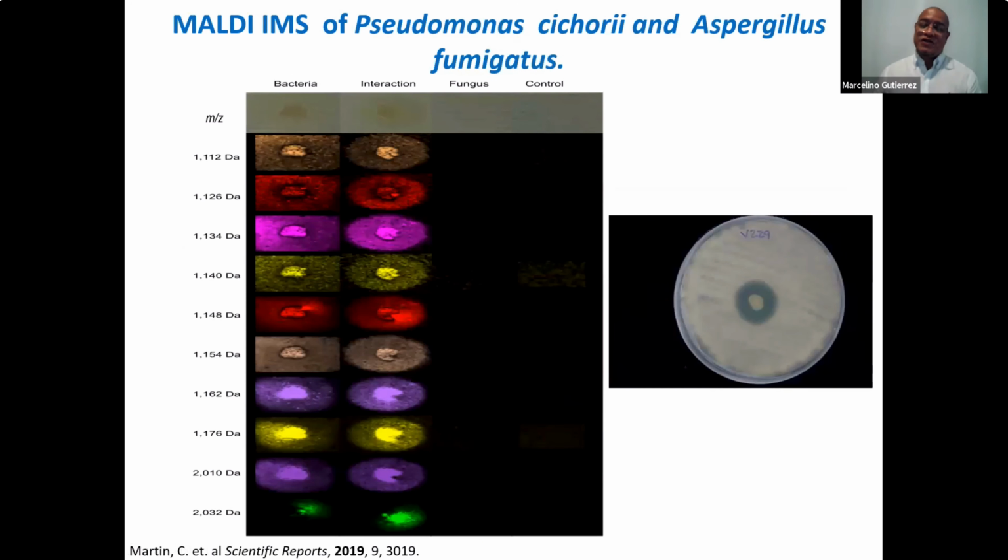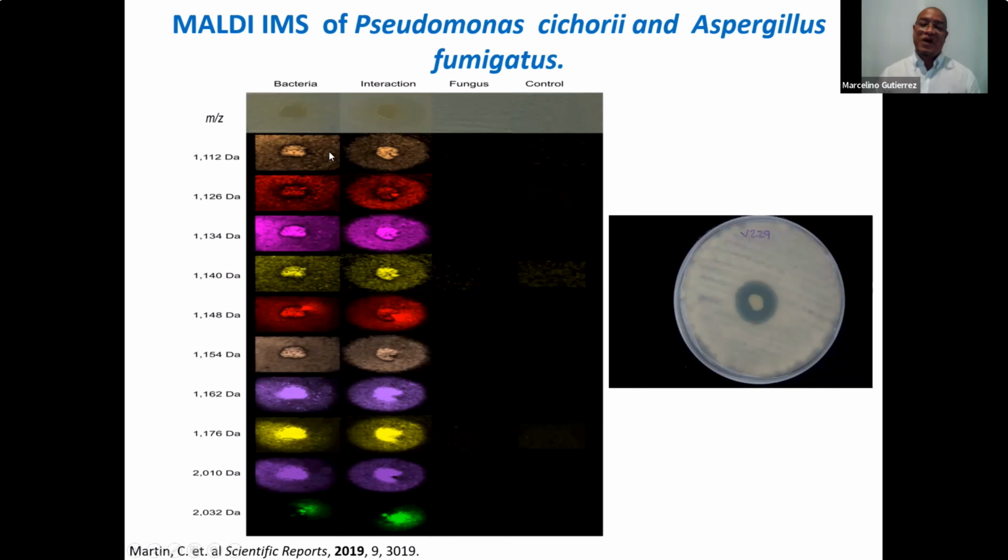We studied this interaction using a technique called MALDI-IMS. This imaging is a mass spectrometry-based technique. In this technique, you can use the laser to scan the area where there is the inhibition zone, and then you can give a different color to all the metabolites that are present in this inhibition zone.